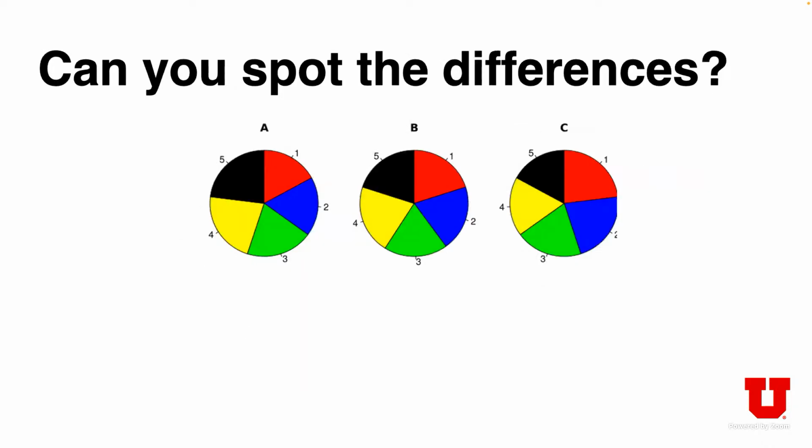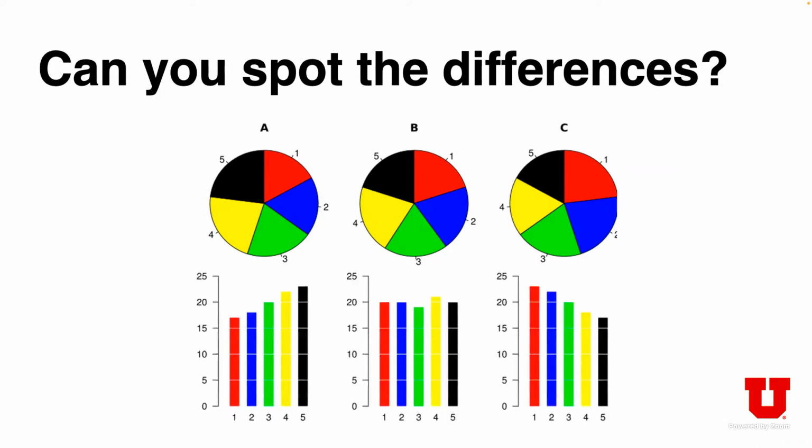This is an artificial experiment, but if you ever end up in a situation where you have three data points over time, I would argue it's really hard to distinguish which slices of the pie are larger in any of these charts. The underlying data actually looks like this, and you can see how immediately from a bar chart you see so much more information, so much more detail.